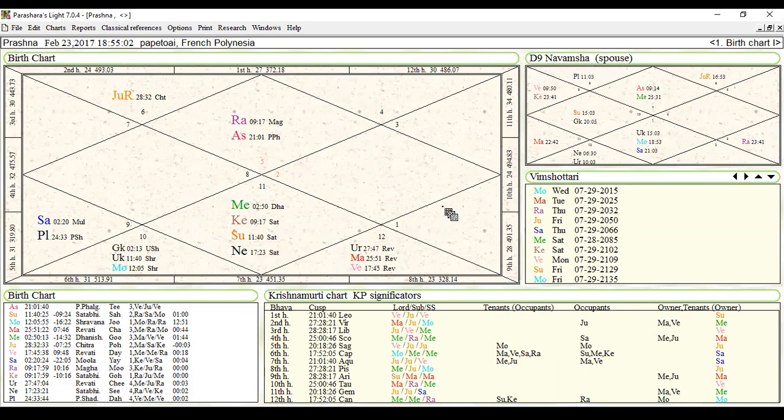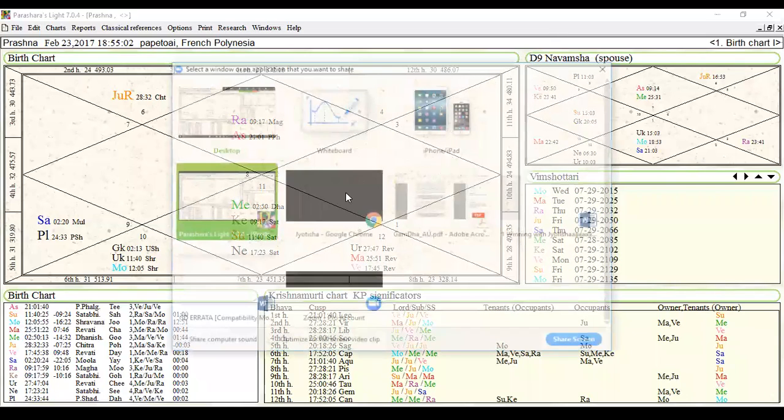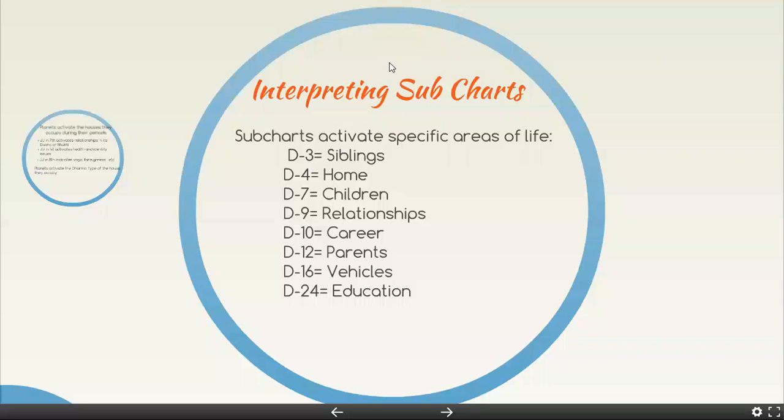And before we go into the Navamsha, I want to just show you what the other subcharts are. So the D3, which means dividing each sign into 3 pieces. The D3 represents siblings. Dividing each sign means Aries, Taurus, Gemini, Cancer.